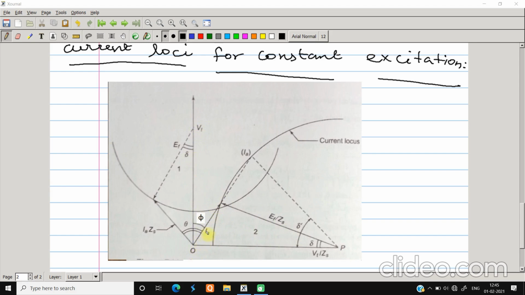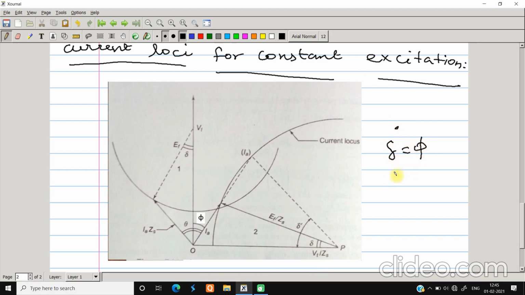So we will be having this particular locus developed when this particular delta is going to be a constant one. If the delta is going to be equal to phi, for some cases delta will be equal to phi.